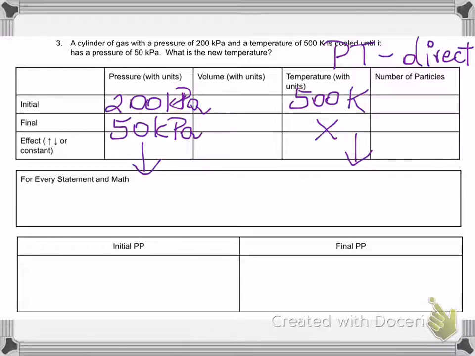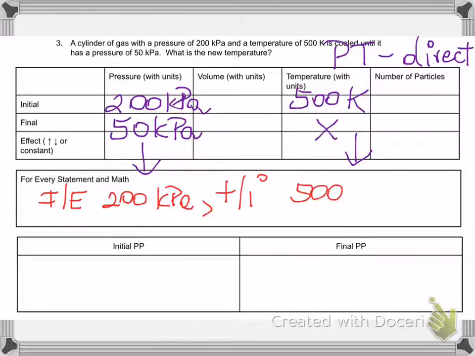So for every 200 kPa, there is 500 Kelvin. Okay, so for every 50 kPa, there is blank.